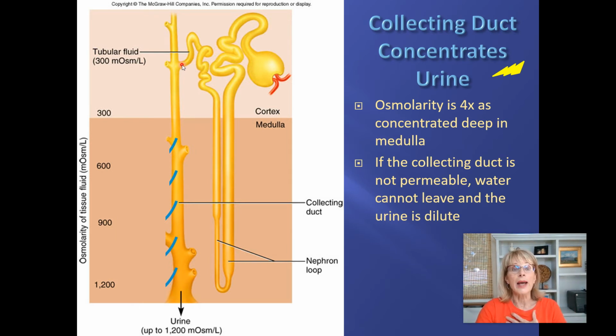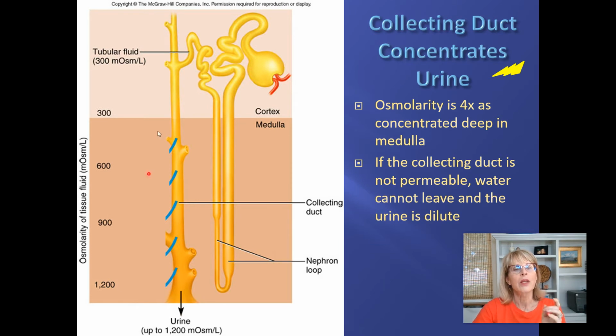Now, if I have been drinking plenty of water, then I'm fine with a good amount of water leaving my body, and I would like it to just zip on through my collecting duct as if the collecting duct were made out of plastic, right? Sometimes the collecting duct acts like it's made out of plastic.